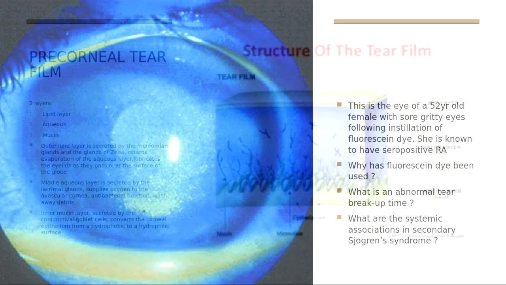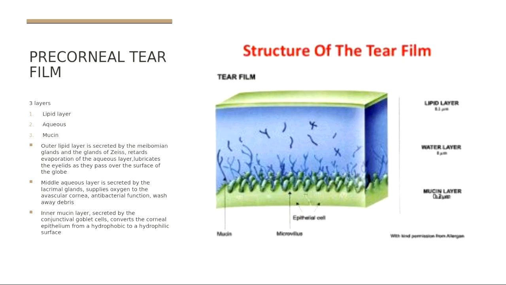So the precorneal tear film, I don't know how much anatomy you know about the eye, but the tear film has 3 layers. You have your lipid layer, an aqueous layer, and then you have your mucin layer. The outer lipid layer is secreted by the meibomian glands and the glands of Zeis and retards the evaporation of the aqueous layer and lubricates the eyelids as they pass over the surface of the globe.